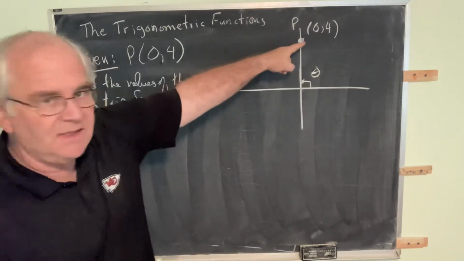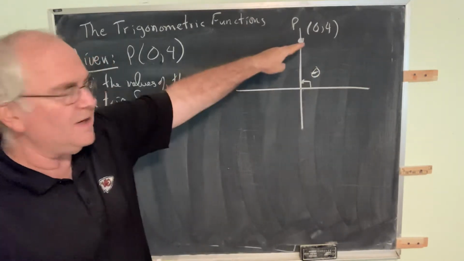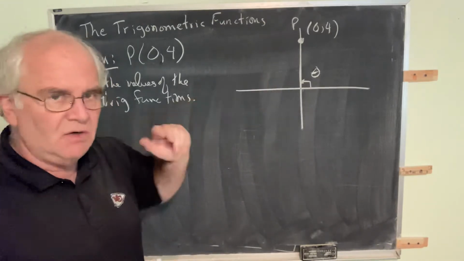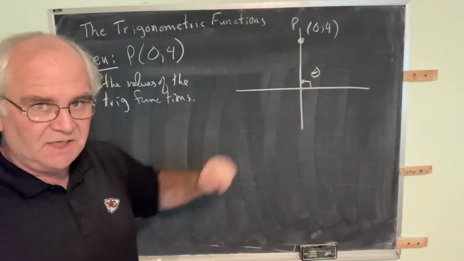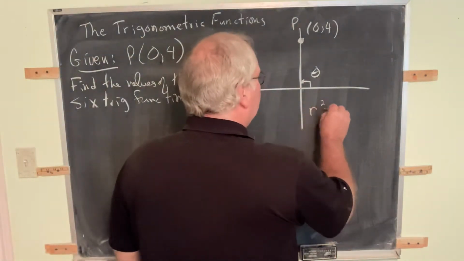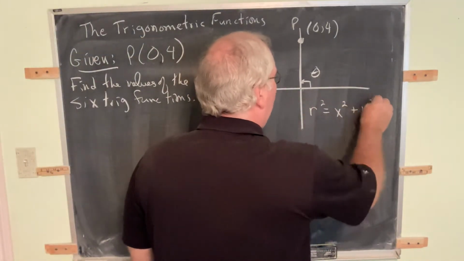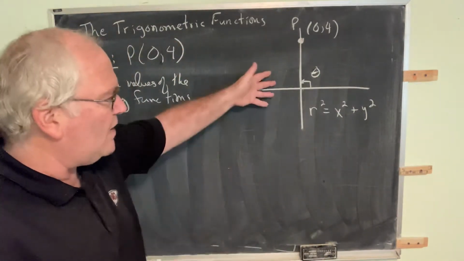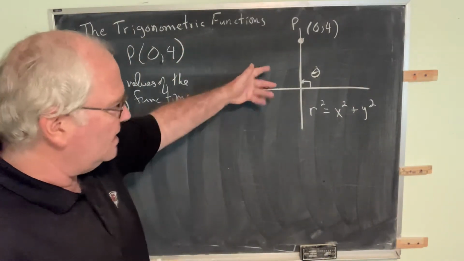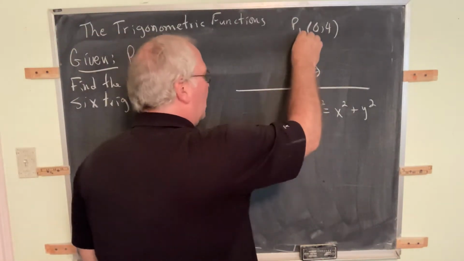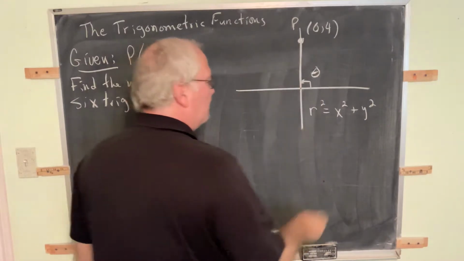X I have, x is 0. Y we have, y is 4. We need to find r. You say, well, there is no r in the picture. Actually, there is; we'll adjust that later on. But all we need is r squared is equal to x squared plus y squared. You can find the value of r algebraically without reference to the picture. It turns out not only is this equal to y, it's also equal to r, but we'll get there.